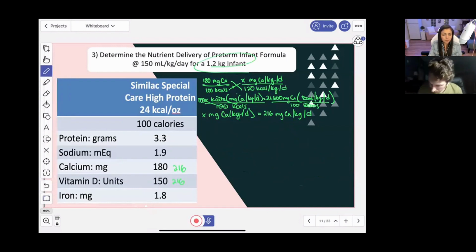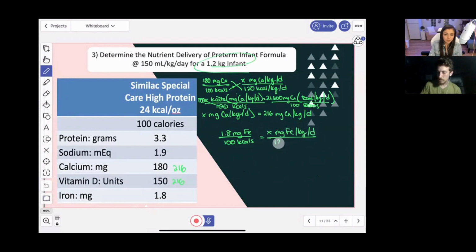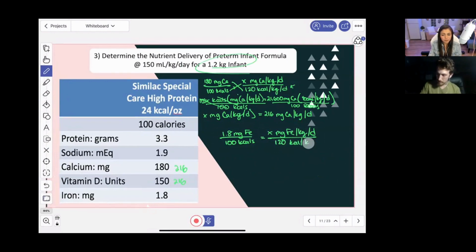We have 1.8 milligrams of iron per 100 calories equals X milligrams of iron per kilogram per day over 120 calories per kilogram per day, that's what we got up here. I'm going to cross multiply.